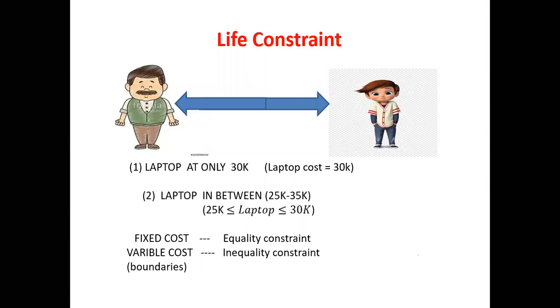So if the father says, I will give you only 30,000 rupees to buy your laptop, then you need to buy the laptop by spending exactly 30,000 rupees. That is the first case. So in the first case, your laptop cost must be equal to 30,000 rupees. That is case 1.